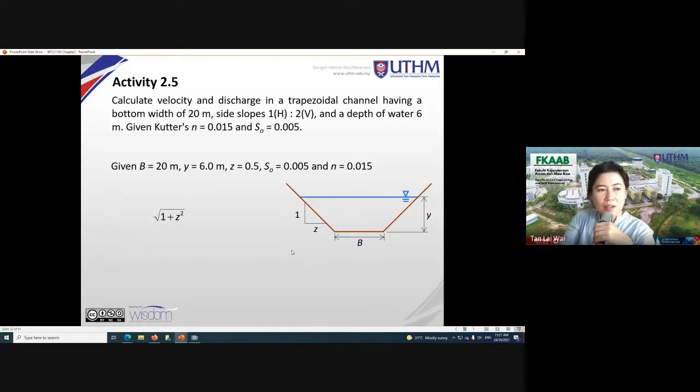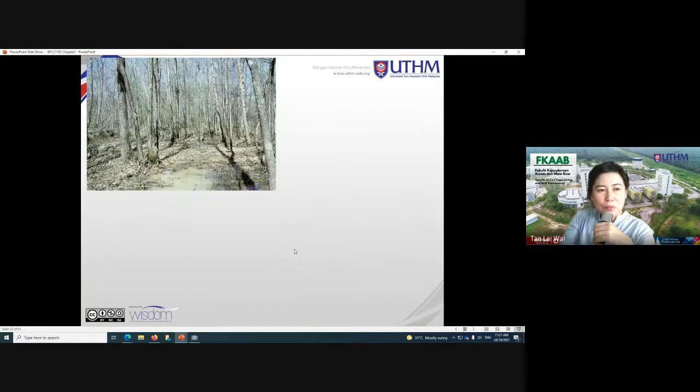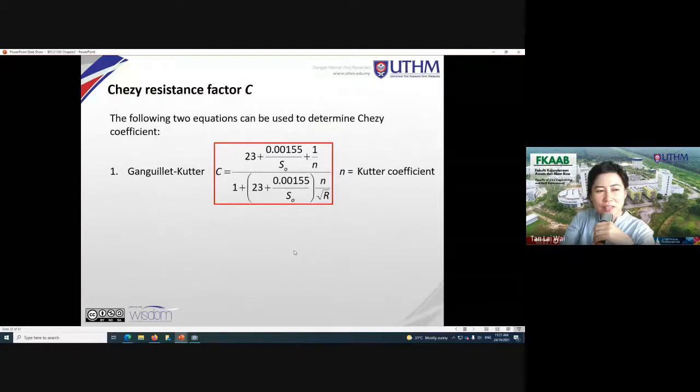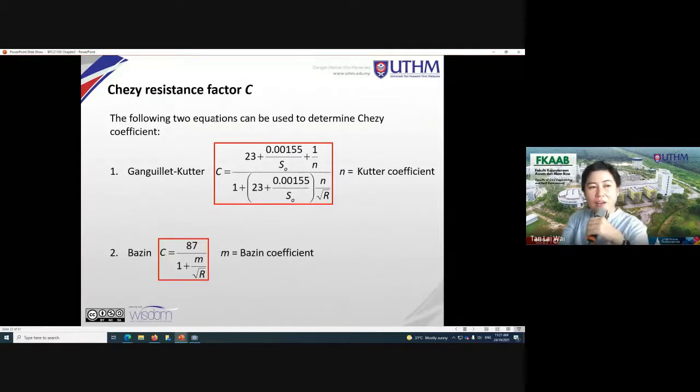Now we have looked at this. I'll go back because I haven't touched on the Ganguillet-Kutter yet. Now Chezy roughness coefficient can be determined using Ganguillet-Kutter and Bazin formula.